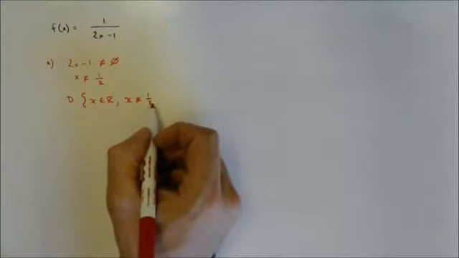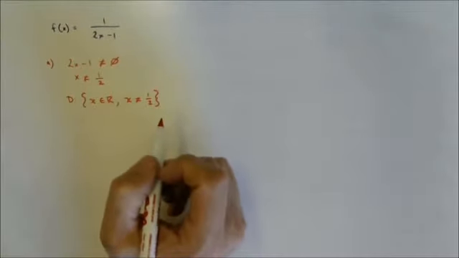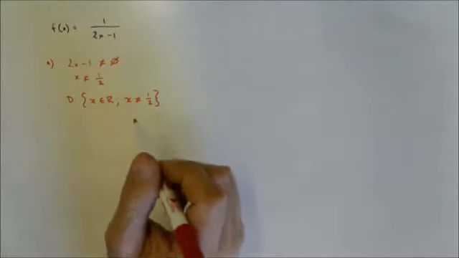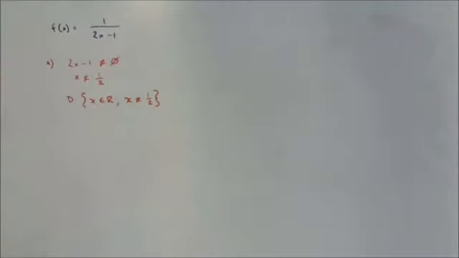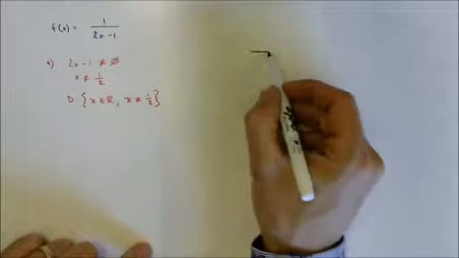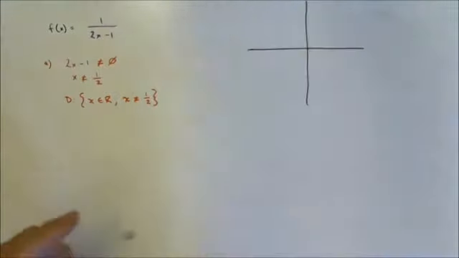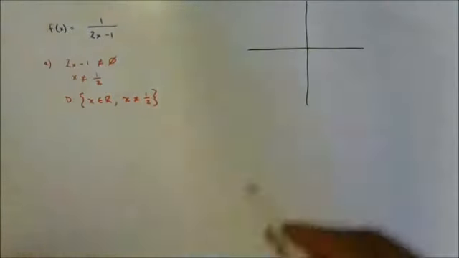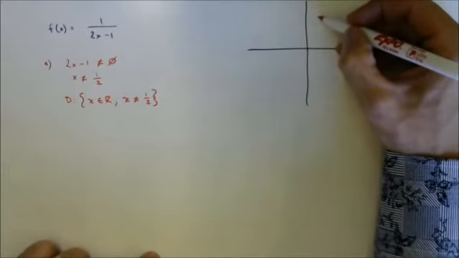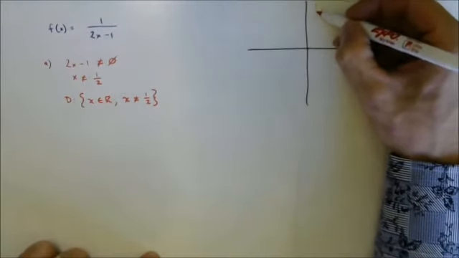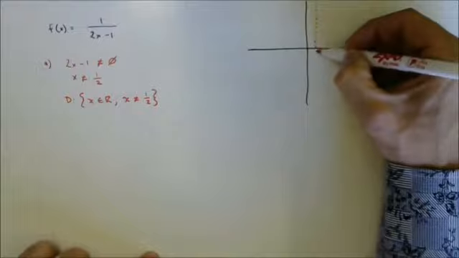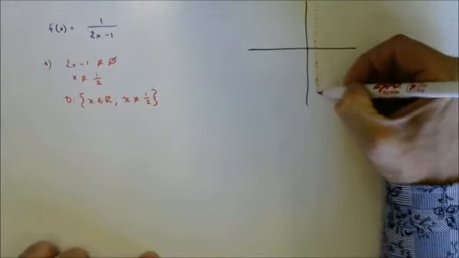So then our domain is x belongs to the set of real numbers, but x cannot be 1/2. Okay? Now if we know that x can't be 1/2, we can do a little work on our graph as we go along. So you can find where x is 1/2 and put a little dotted line there all the way down at x equals 1/2.